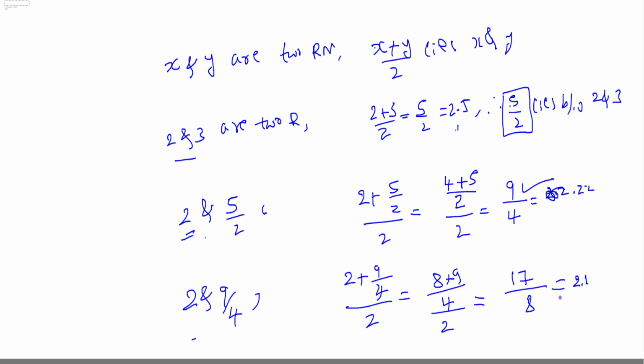See, again this number lies between them. Go on finding numbers like this, and we can find any number of them. You can easily find them. These are the methods to find rational numbers between two rational numbers.